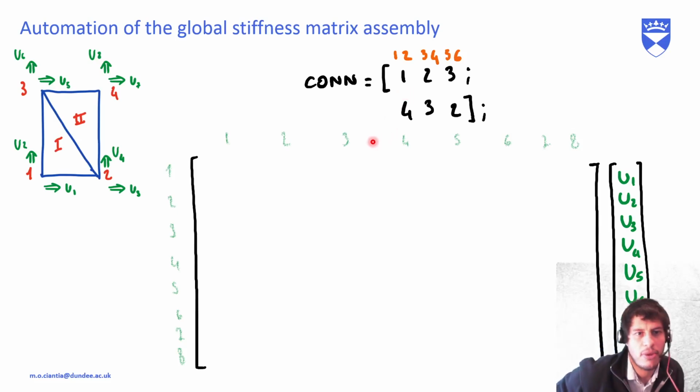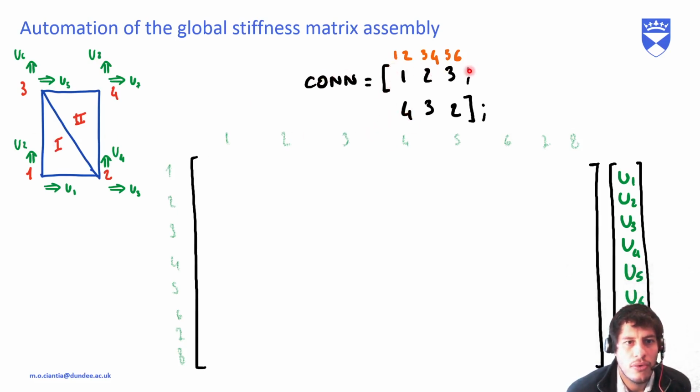So for example, the connectivity of our initial problem was 1, 2, 3. This was element 1, and then 4, 3, 2, because this was how we numbered them. So 4, 3, 2, this was our element 2.